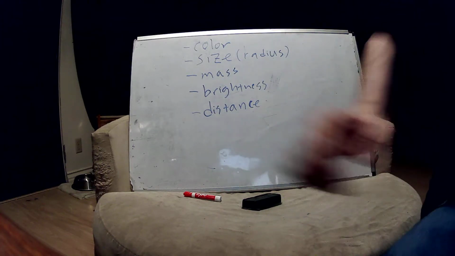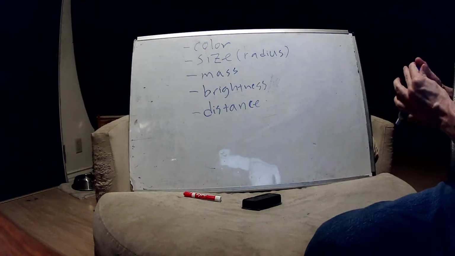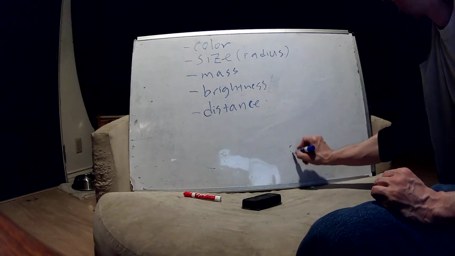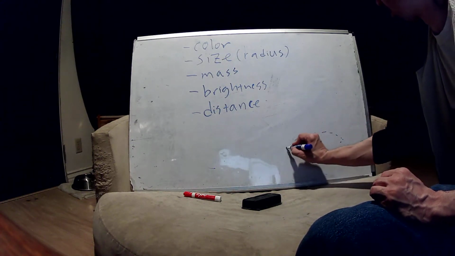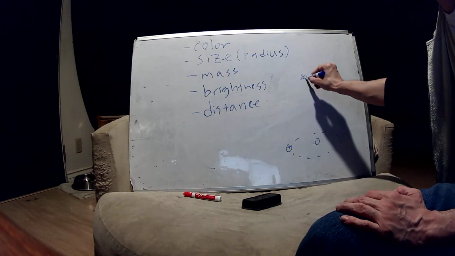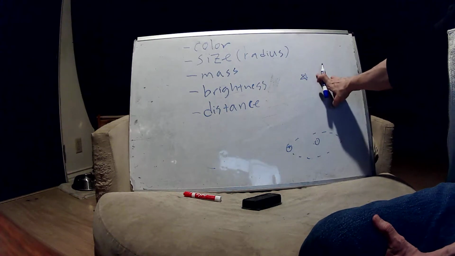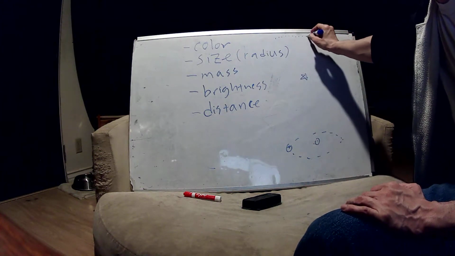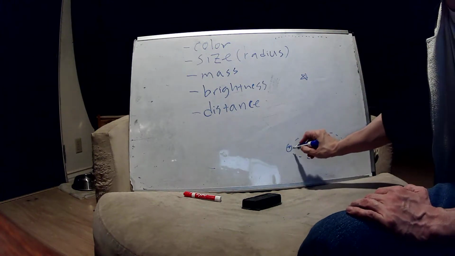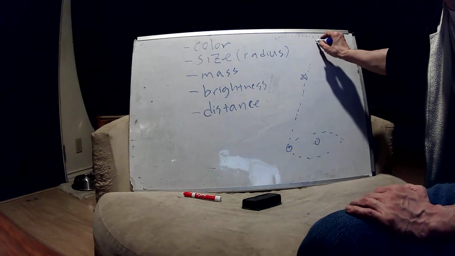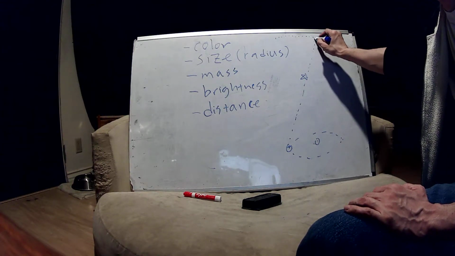But imagine, if you will, here's the sun, and here's the Earth's orbit around the sun. Now, if we were to look at some star and wanted to figure out how far away it was, we would take its position relative to a bunch of distant background stars. We take a picture of this star in, say, January, and it appears to be here.